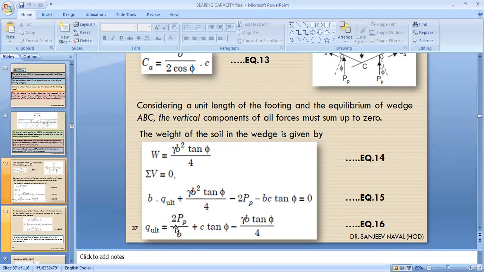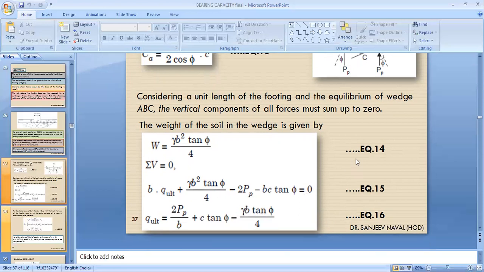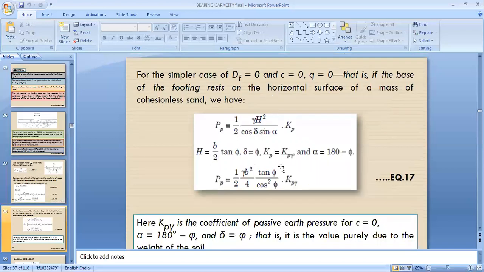And q ultimate will be equal to, after solving this, twice Pp upon B plus C tan phi minus gamma B tan phi upon 4. Now we will treat these as equations 1.4, 1.5 and 1.6, which will be used subsequently to find the ultimate and final equation according to Terzaghi's theory.